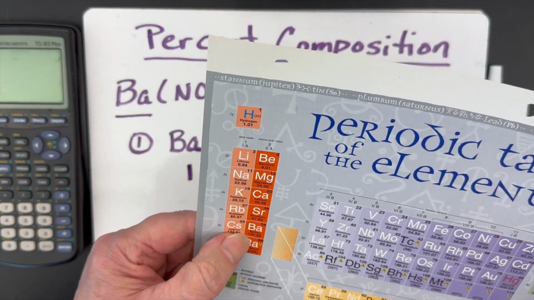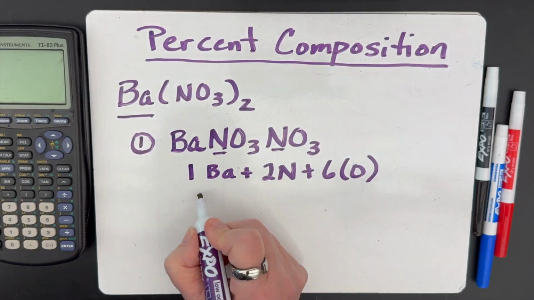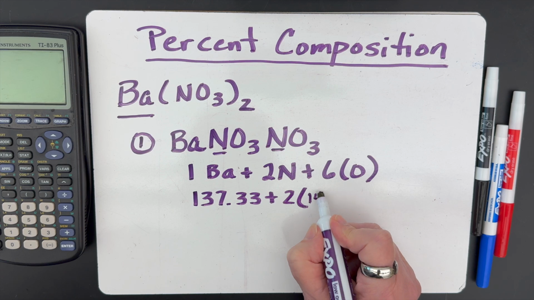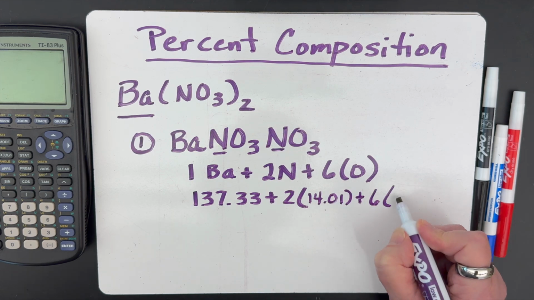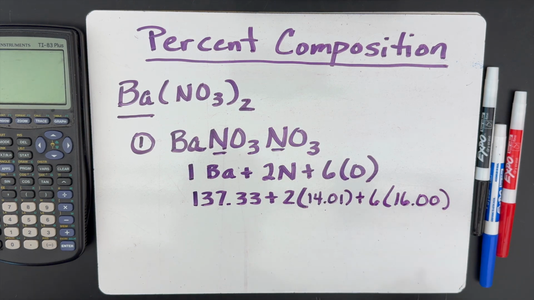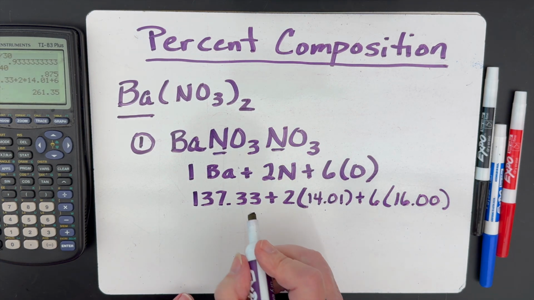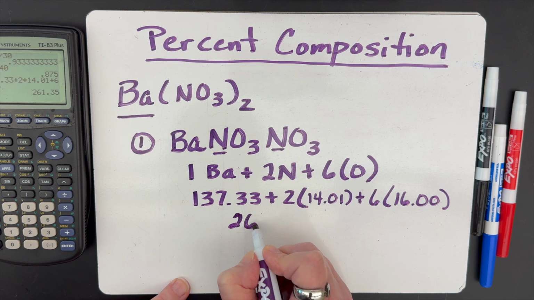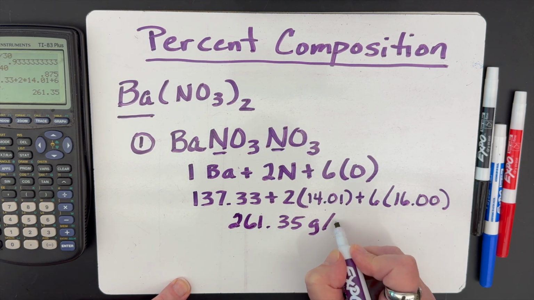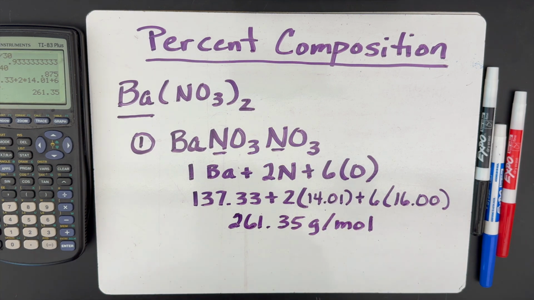Barium is 137.33. Nitrogen is 14.01. And oxygen is 16.00. We're going to add all those up, which equals 261.35 grams per mole of Ba(NO3)2.